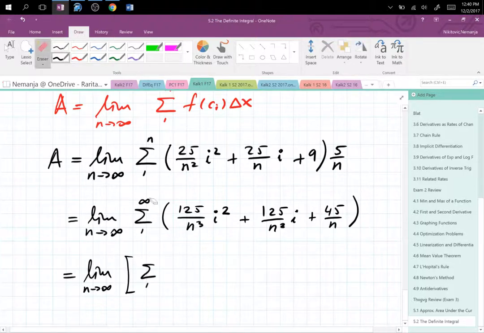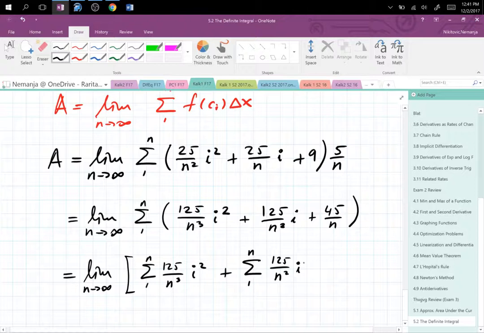Summation 1 to n of 125 over n cubed i squared, plus summation 1 to n of 125 over n squared i, plus summation 1 to n of 45 over n.